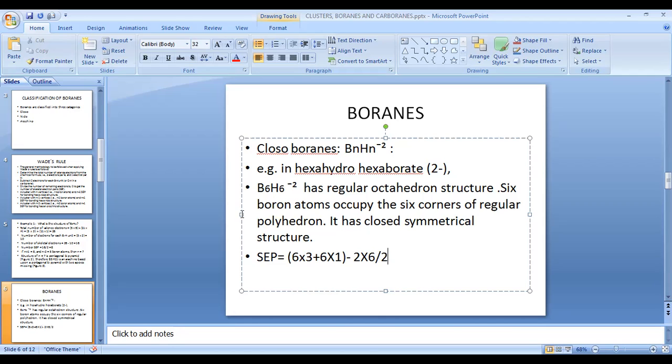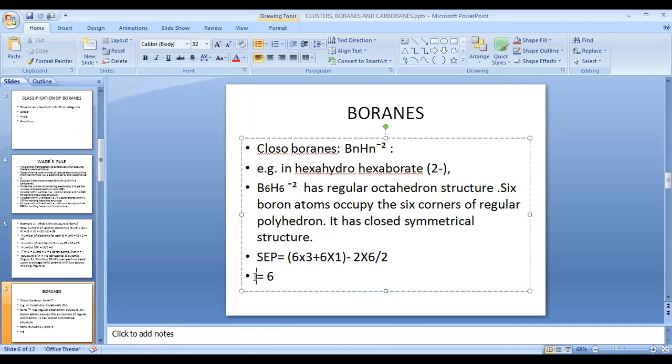By that formula, 18 plus 6 is 24, 24 minus 12 is 12, 12 by 2 is 6. So SEP is 6.